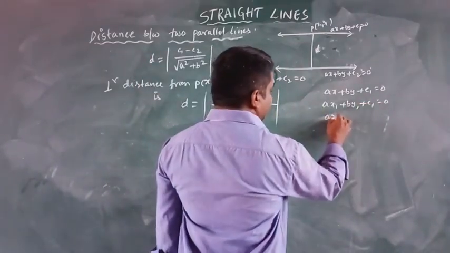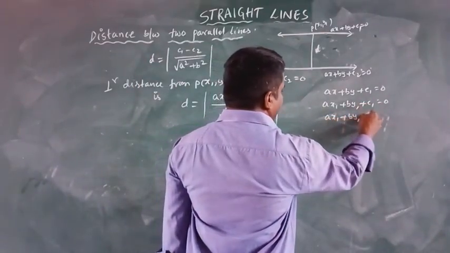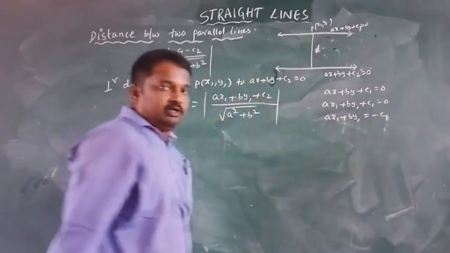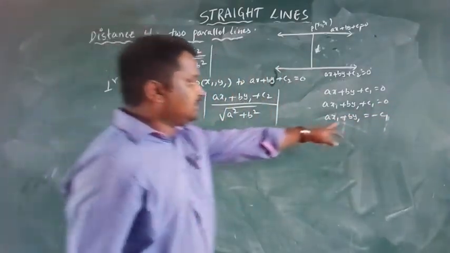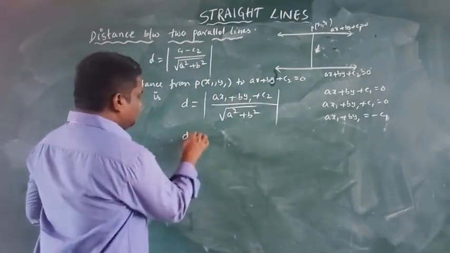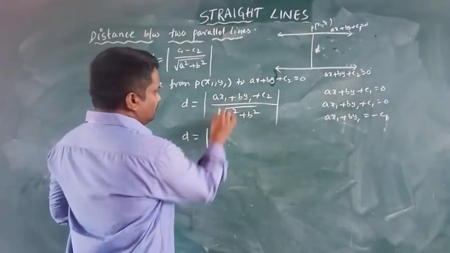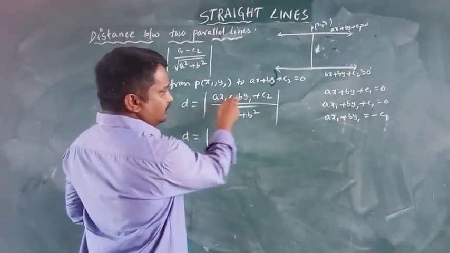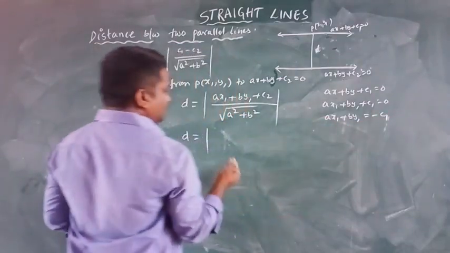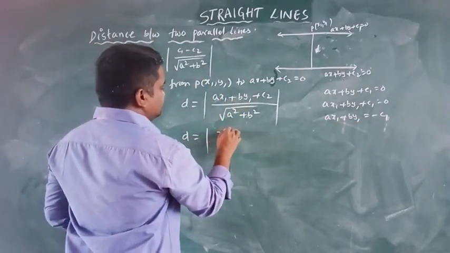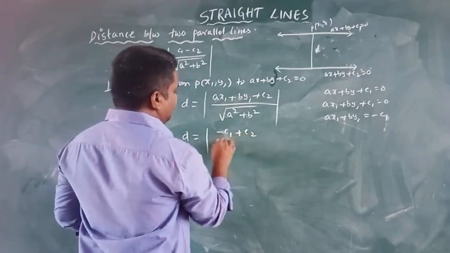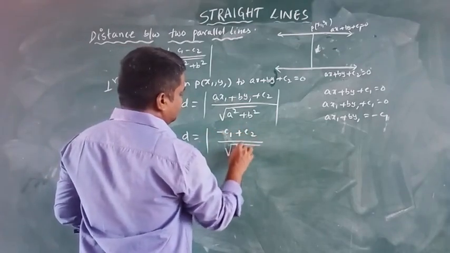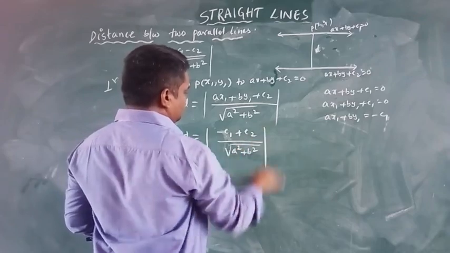From this, ax1 + by1 equals minus c1, we may write. So substitute this value here. d equals modulus, in place of ax1 + by1 we may write minus c1, so minus c1 plus c2 by root over a square plus b square.